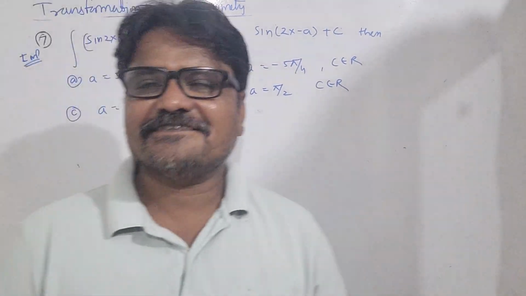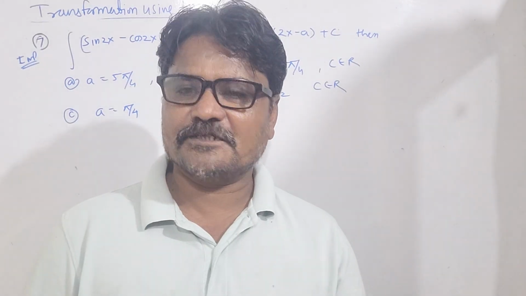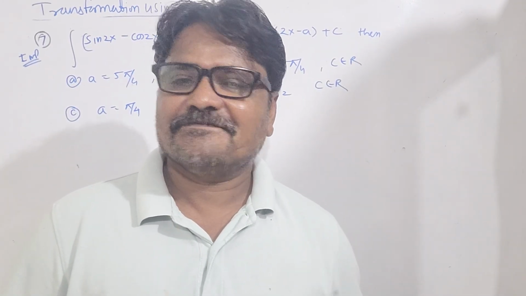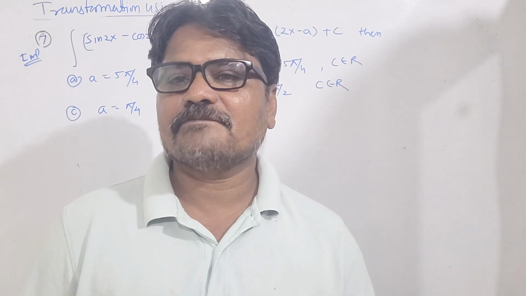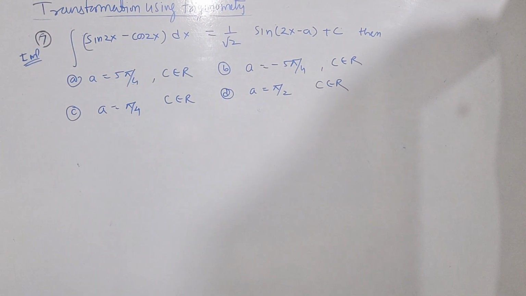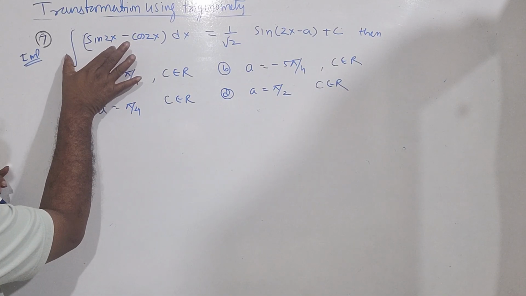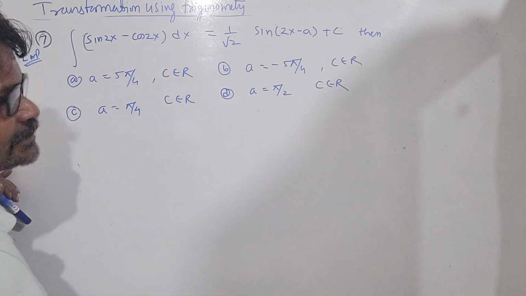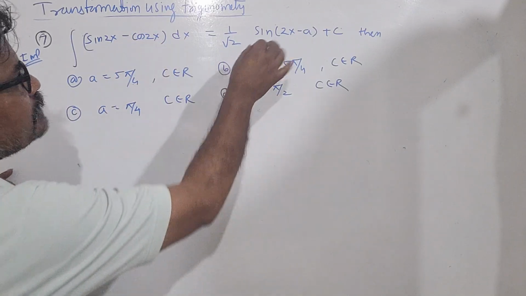Coming to this question, this is also similar to the last questions, but here also knowledge of trigonometry is required. So it is the integration of sin 2x minus cos 2x. I can integrate sin 2x differently, cos 2x differently, and get the answer. But I want the answer in terms of this one.